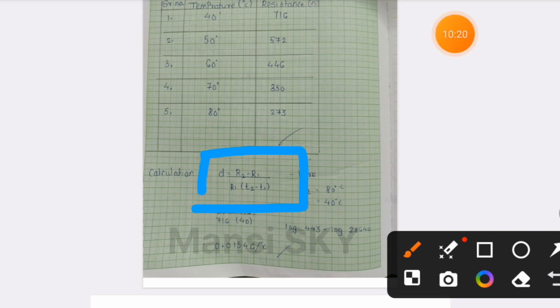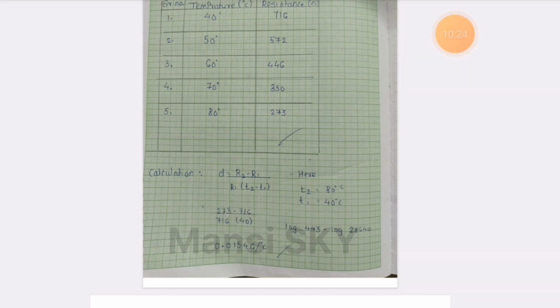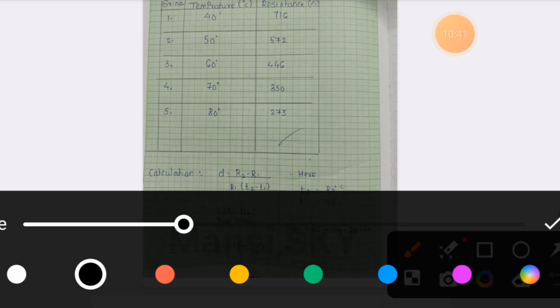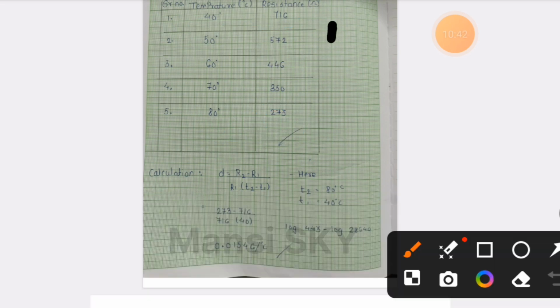Let me tell you what R2 is. R2 is nothing but the last resistance. Okay, the last resistance is R2, and what is R1? This is our R1. Let me write it. This is our R1, this is our R2. Then what are your T2 and T1?